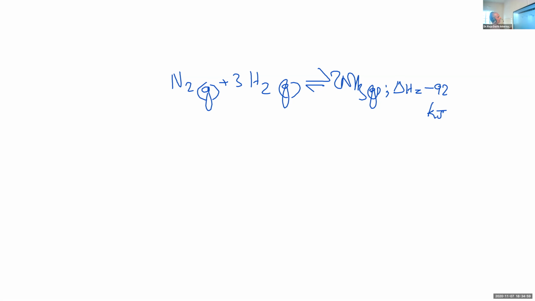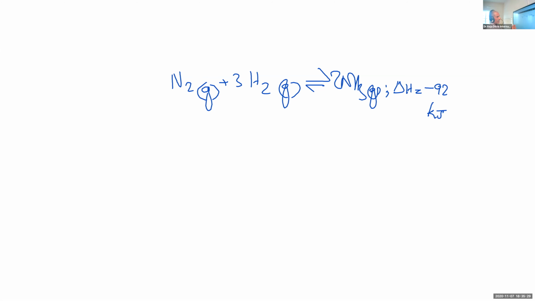So what will be the backward reaction? The reverse reaction: 2NH3 giving N2 plus 3H2, delta H is equal to plus 92 kilojoules. And that is the backward reaction.